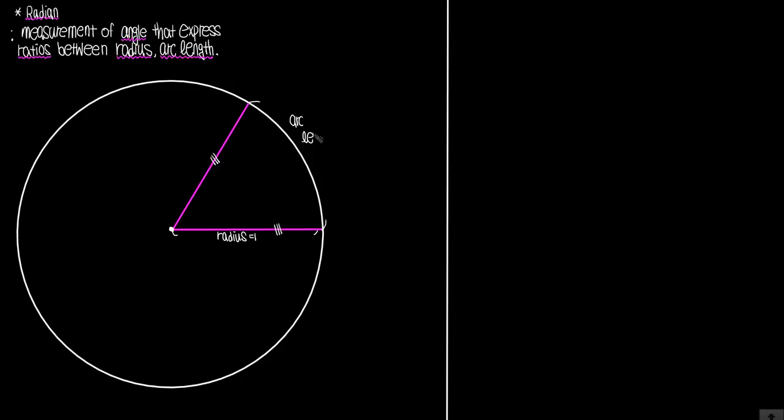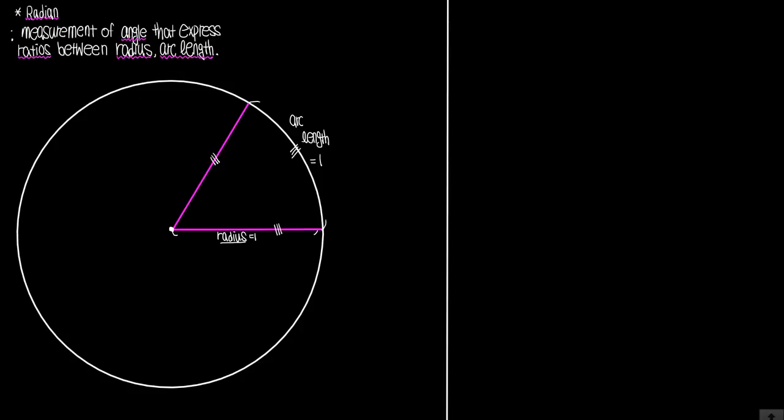Again, the arc length is a curved line that is formed as one part of the circumference of our circle. And the definition of the radian is when the arc length and the radius are both equal to 1, which means the radius of our circle sector and the arc length of the sector are exactly equivalent.